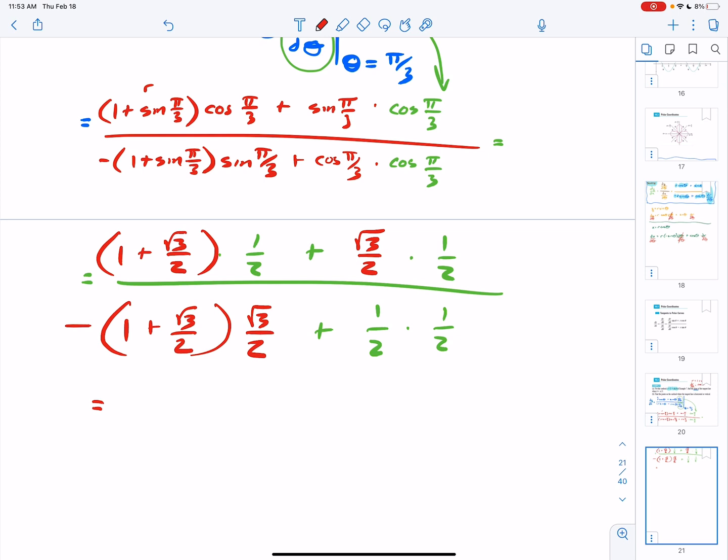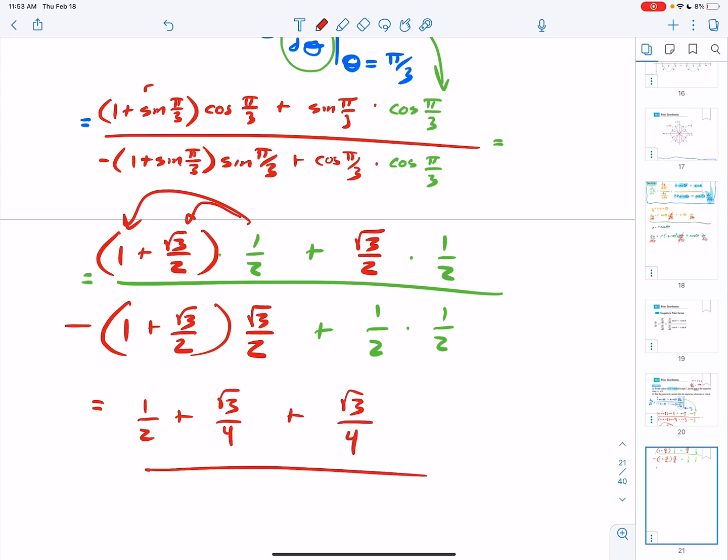So if I distribute this, this is going to be 1/2 plus rad 3 over 4 plus rad 3 over 4 all over negative rad 3 over 2 minus 3 over 4 plus 1 over 4.